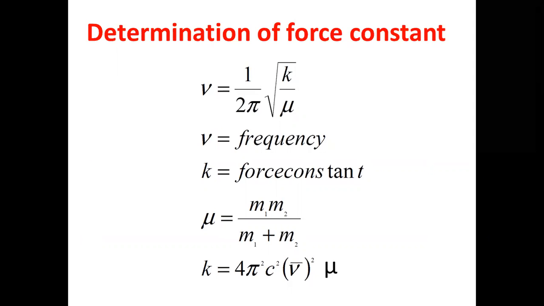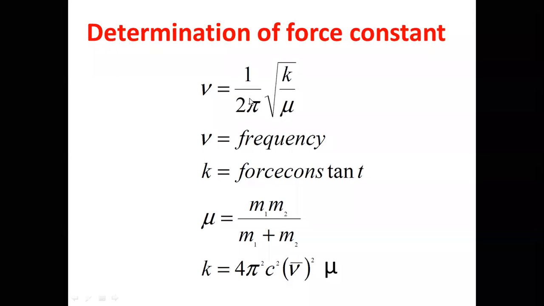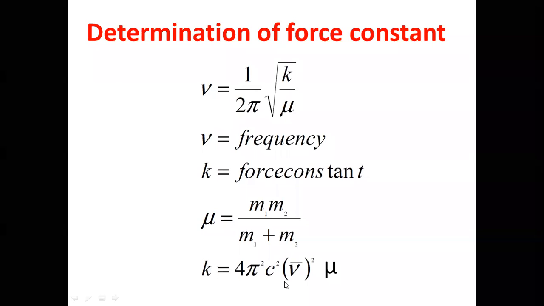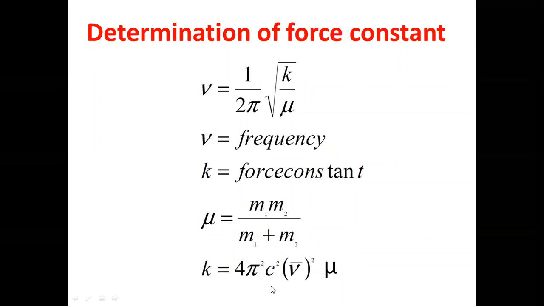If you simplify this formula, squaring both sides, nu bar square equals 1 by 4 pi square times k by mu, and we want to find k, so we send these terms to the other side. Finally, k is equal to 4 pi square c square nu bar square into mu. This is the formula for determination of force constant.